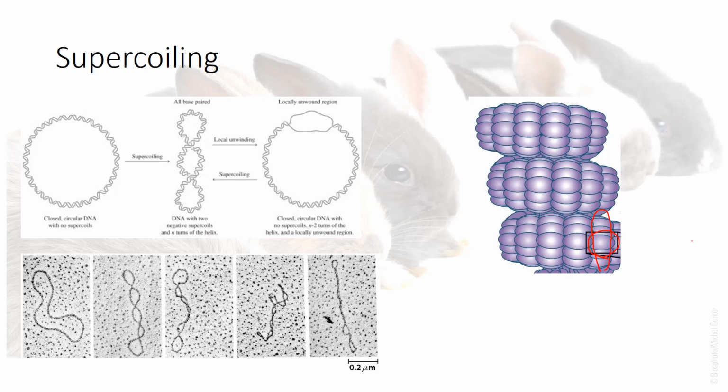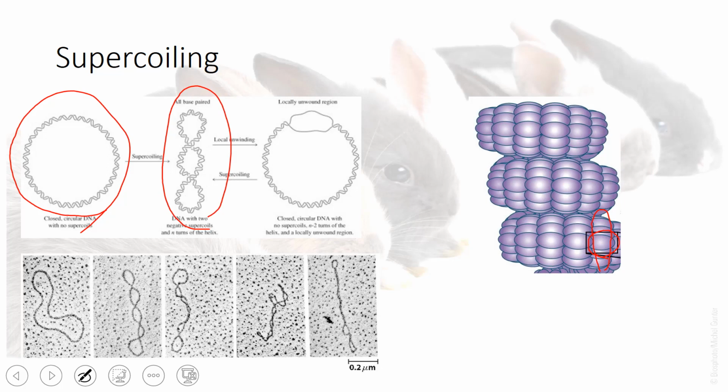Here we can see the supercoiling that happens in bacterial DNA, these circular chromosomes. And so here is the way we typically represent a bacterial genome or a bacterial chromosome, but in the cell, it would typically take on this form, and you can see that down here. These are electron micrographs of the chromosome inside a bacteria, and typically what we find is it is in this super condensed or supercoiled form.